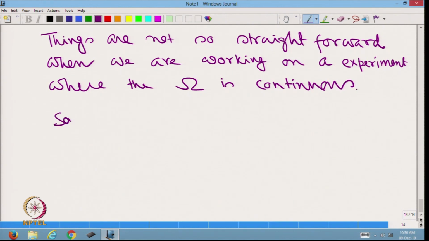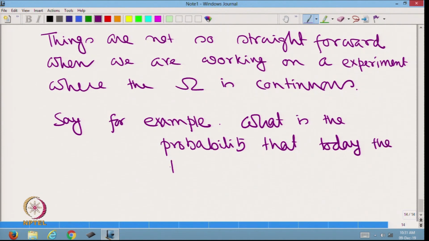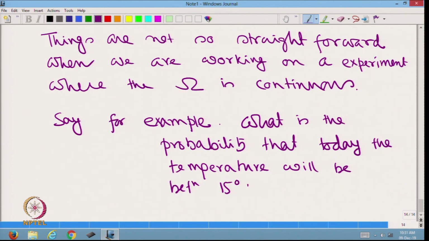Say for example, what is the probability that today the temperature will be between 15 degree Celsius to 20 degree Celsius.